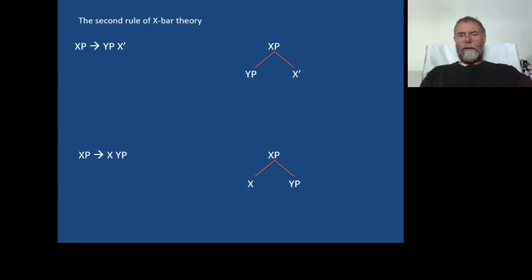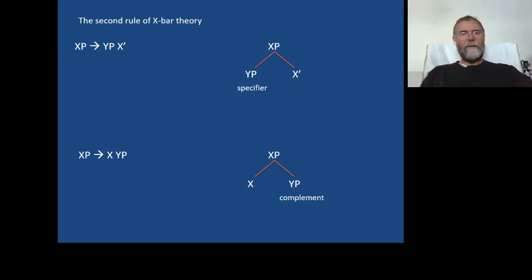The first rule that we looked at last week had a phrase accompanying the head which followed it, and we called that the complement. This new rule that we're looking at here has a phrase for the YP, only that comes in front of the whole phrase rather than at the end of it. We call this new phrase a specifier, and we'll see that the specifiers actually have different properties to complements.